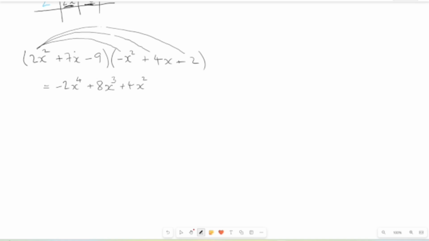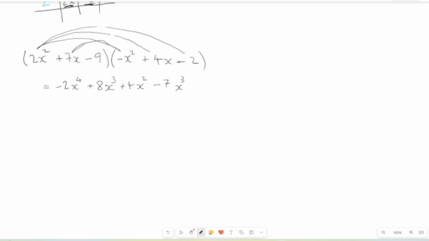Next, as we've done the first element times everything in the second, we move on and do the second element in the first bracket times everything in the second. So this is the first one. 7x times minus x squared, that'll give us minus 7x cubed. X times x squared is x cubed.